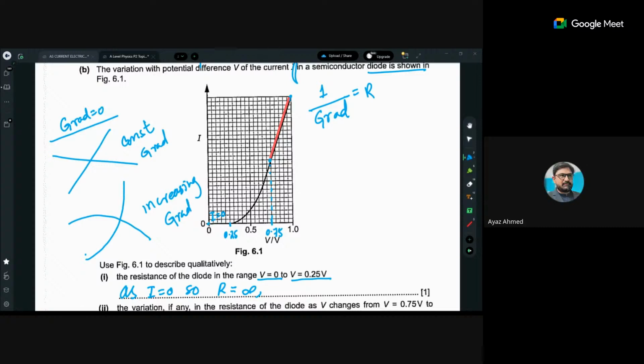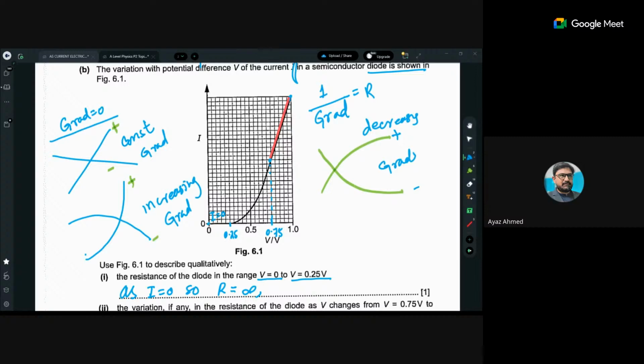This is your positive gradient, this is your negative. In the same way, this is your positive gradient, this is negative, but increasing gradient. And decreasing gradient is something like this, either this way or this way. This is your decreasing gradient. Definitely this is positive, this is negative, but decreasing on both sides.